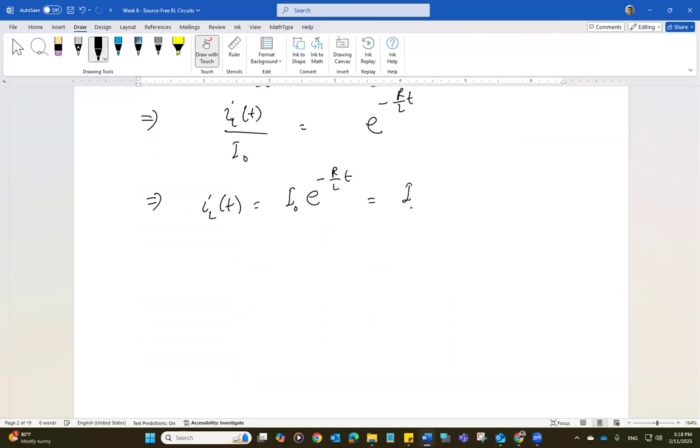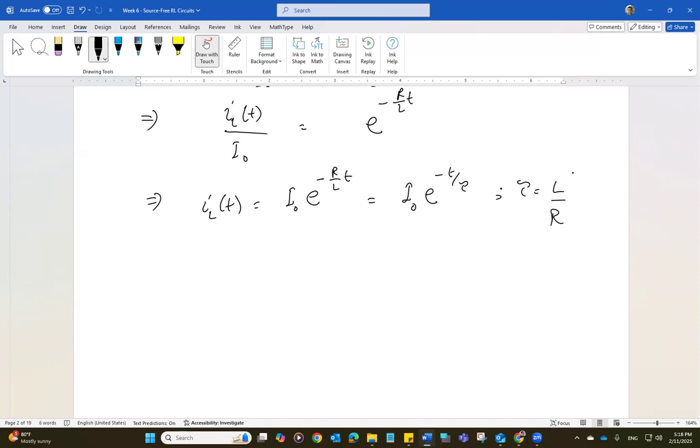which we can write down in terms of the time constant: I naught e to the power negative t over tau, where tau is going to be L over R. When you put tau equal to L over R, you get I naught e to the power negative R over L times t.